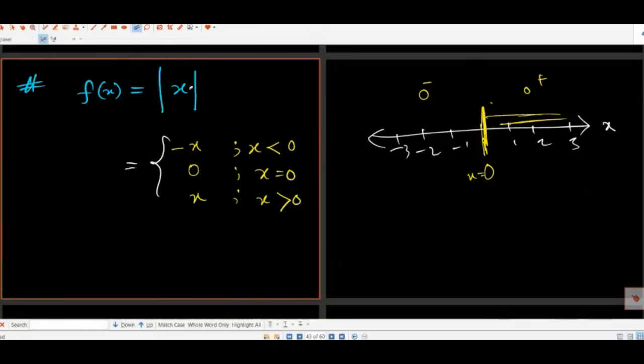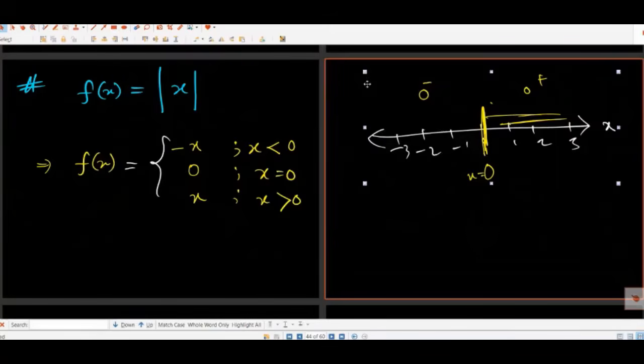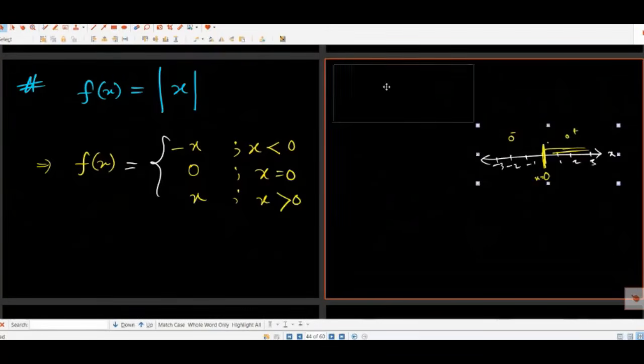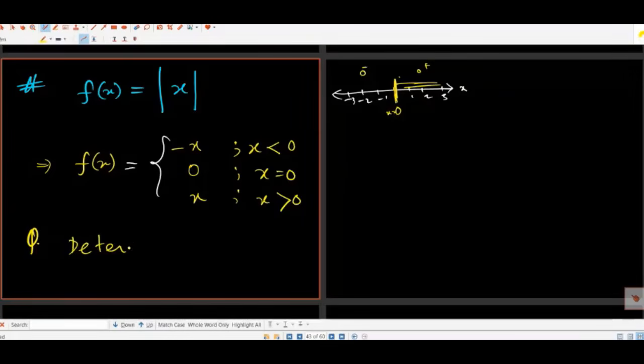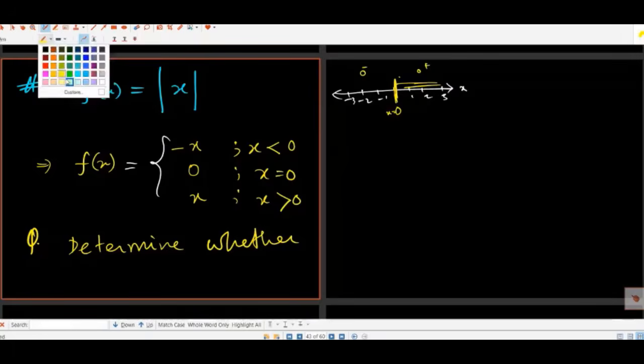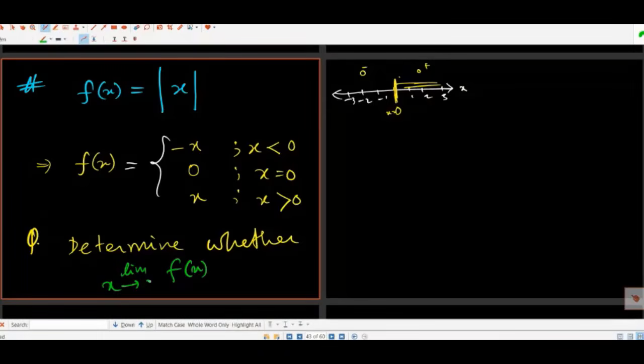Why are we targeting the piecewise function? A piecewise defined function is very important for finding the limit. Now we have found f of x as this. Our question is whether the limit of the function f of x exists at x equal to 0. In short, when x approaches 0, determine whether the limit of f of x when x approaches 0 exists or not.